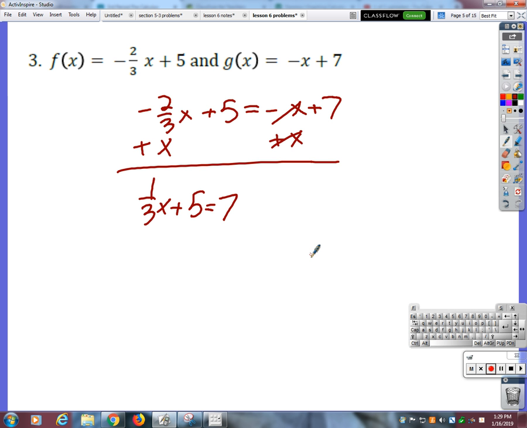Yeah, it's basically negative 2/3 x plus x is the same as x minus 2/3 x. So if you're taking 2/3 away from 1, then you have 1/3 left. Okay, what now? Minus the 5. Positive 6. You're close, but there's no negative.